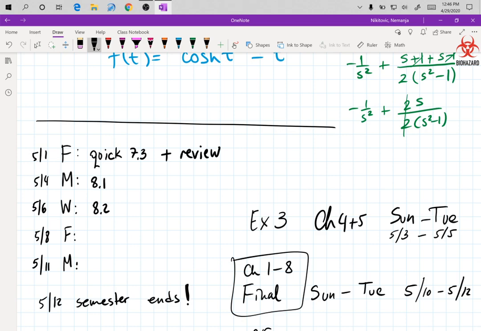Yes, 8.2. And then Friday is the review. And Monday also review. Where's my 7.4? 7.4, 8.1, 8.2. There we go.